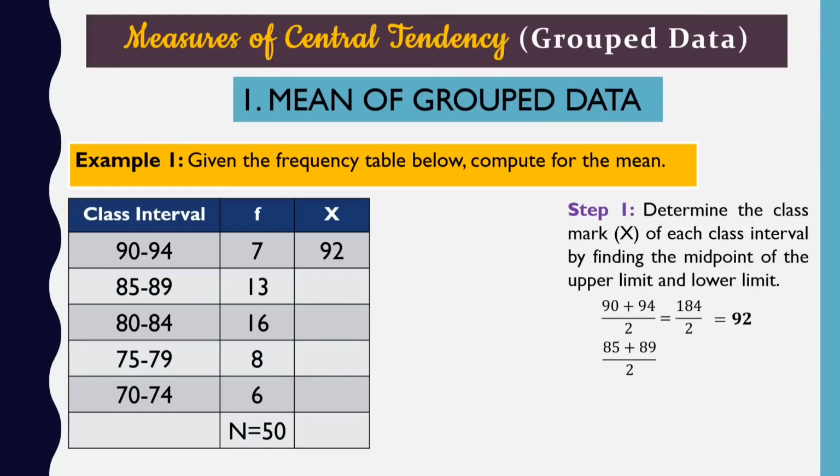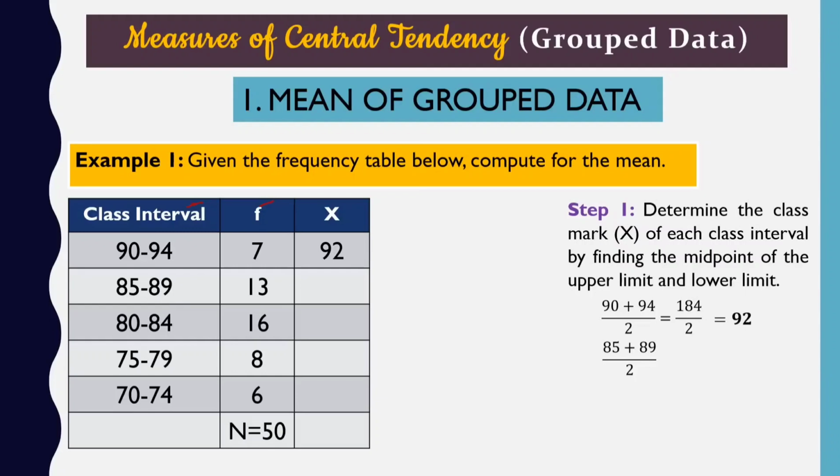Given the frequency table below, we compute for the mean. As you can see, we have 3 columns. For the first column, we have the class interval. For the second column, we have the frequencies. So actually, these are the two given in our example.